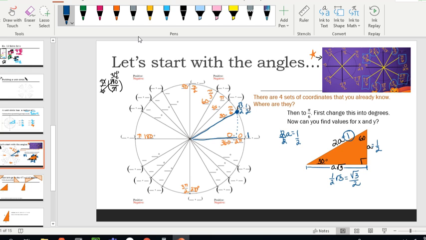This is out 1, up 0; out 0, up 1; back 1, up 0; out 0, down 1. Okay, so there's all of those numbers. That was pretty easy.